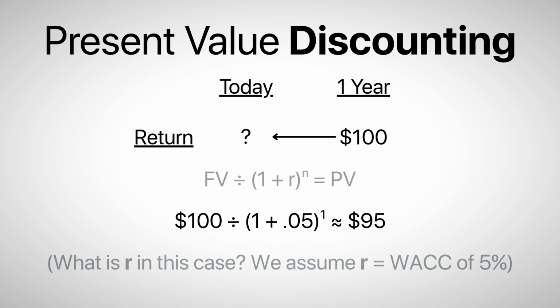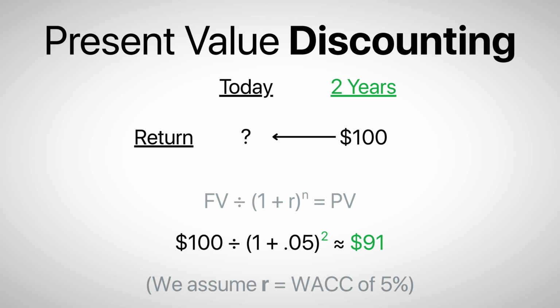For this example, to keep things simple, we're going to assume that there is a low WACC of 5%. So we take $100 and divide that by 1.05, which is 1 plus our WACC, raised to the power of 1, and that is about equal to $95. So $95 is the present value of our first payment.